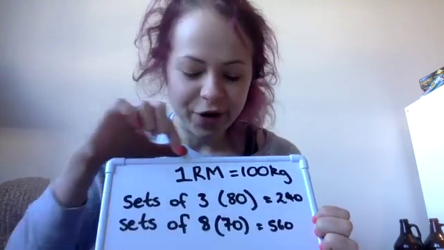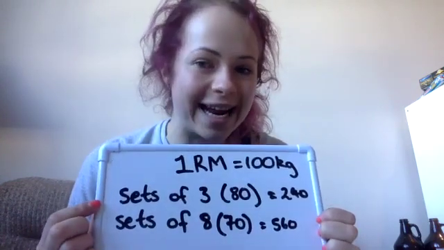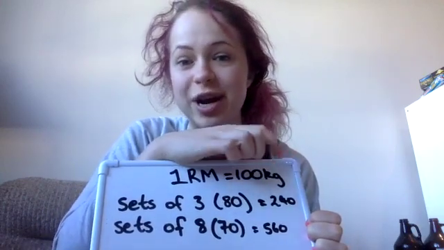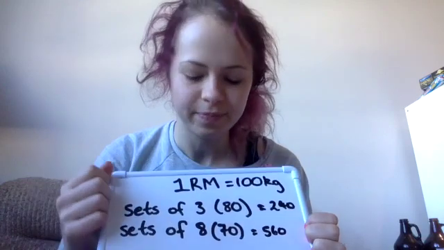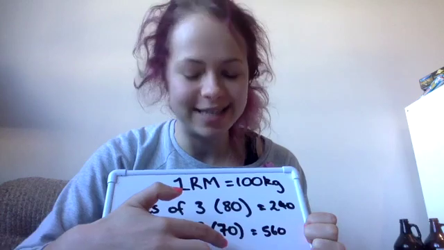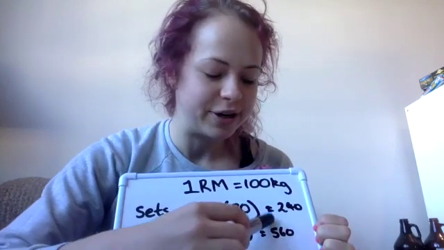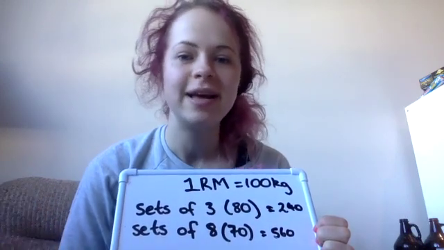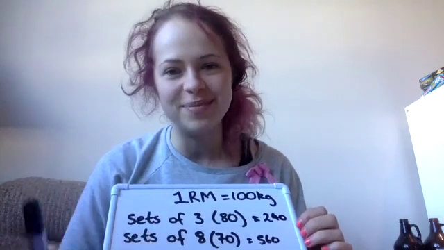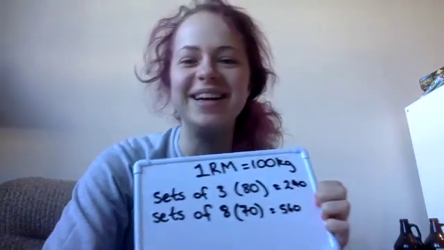So if your 1RM is 100 kilos, and you did sets of 3 at 80, 3 times 80 equals 240 as your training volume for 1 set. However, if you do 1 set of 8 at 70 kilos, your total training volume would be 560. So your total training volume is much higher, meaning it's more ideal for hypertrophy, which is why higher reps are better for building muscle. I hope that makes sense, because that is very hard to explain.